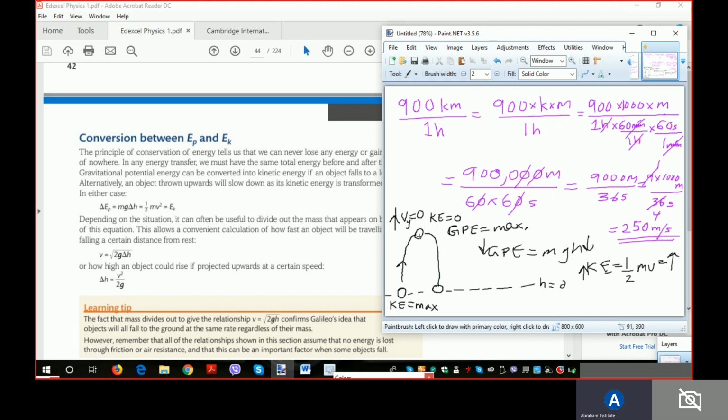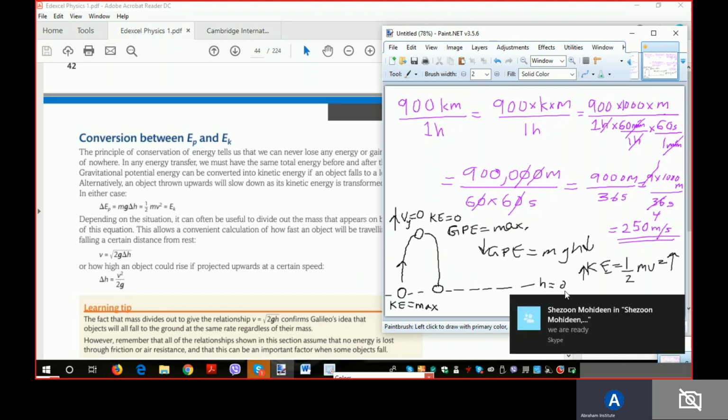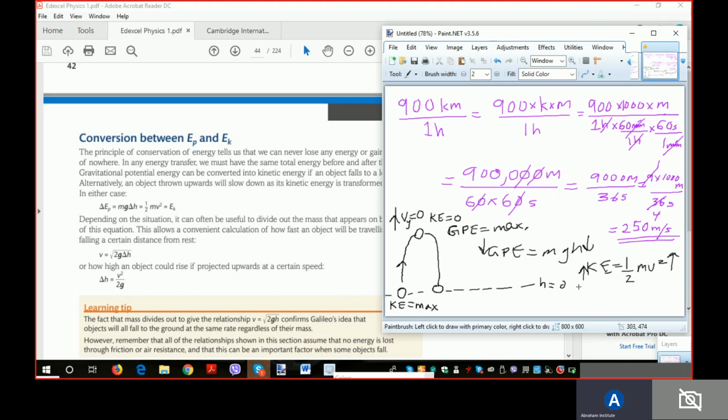The same thing happens when it comes back down, but in the opposite way. When it falls back down, the height is decreasing, so the gravitational potential energy is decreasing.